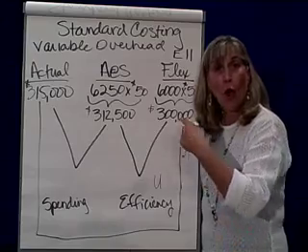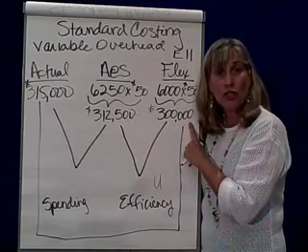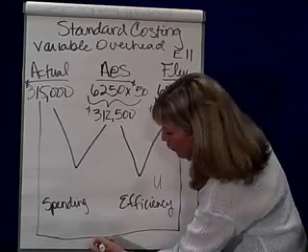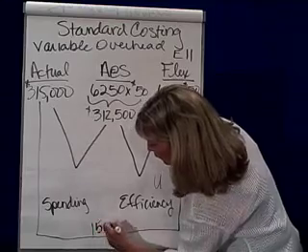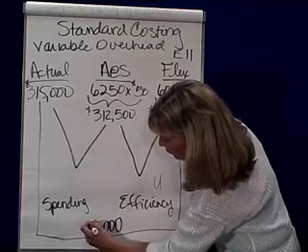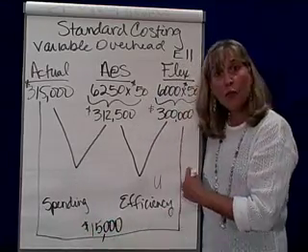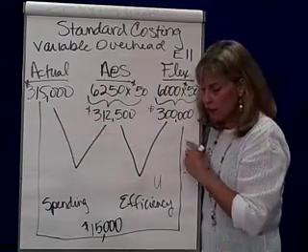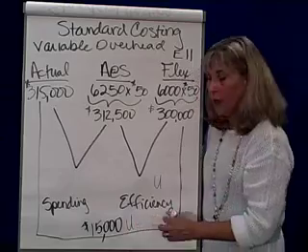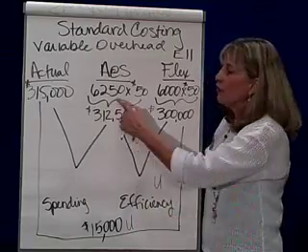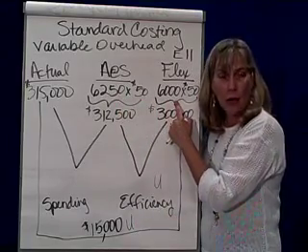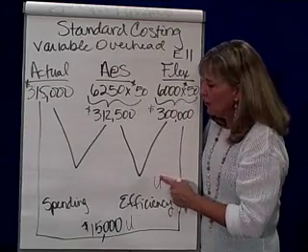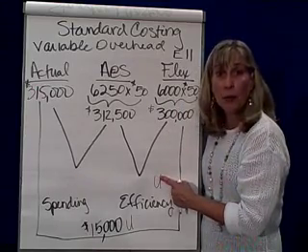So did we overspend what we should have? Yes. And we overspent it by $15,000. Now, is that favorable or unfavorable? Well, since actual exceeds the budget, it's unfavorable. Now, we know some of this has to do with the fact that we didn't bill all the hours we worked, so we know this variance is going to be unfavorable.